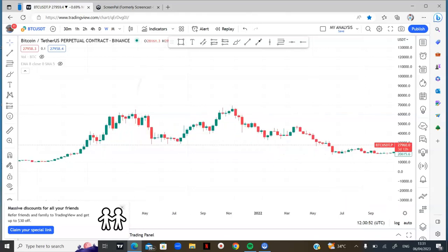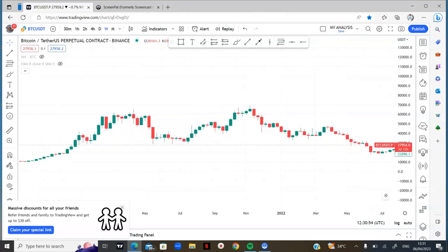So each of these candles represents the movement of price action, how price has been acting within a specific period of time. So now let's talk about time frame.